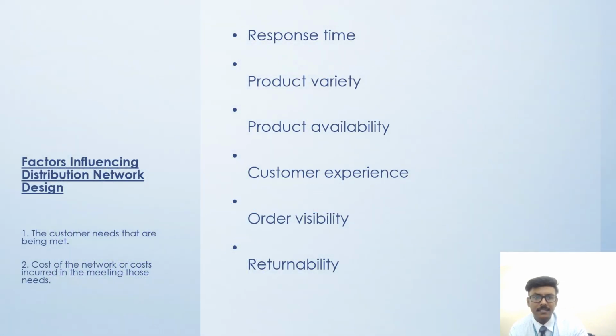Then, for the factors influencing distribution network design, as I said earlier, we need to evaluate these two dimensions: the customer needs that are being met, and the cost incurred in meeting those needs. The main factors here are response time, product variety, product availability, customer experience, order visibility, and returnability.